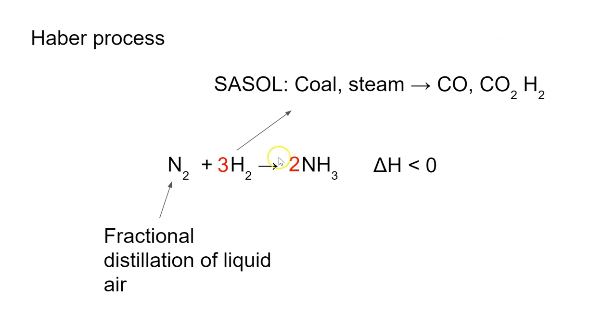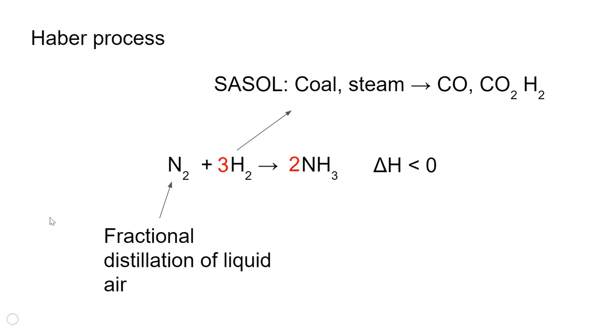However, a low temperature will lead to a very low reaction rate. So it will take quite long to produce ammonia gas. So therefore, the Haber process occurs at a slightly higher temperature, which compromises a bit on the yield. But since the reaction happens much faster, per day you will produce more ammonia than if you had a lower temperature.